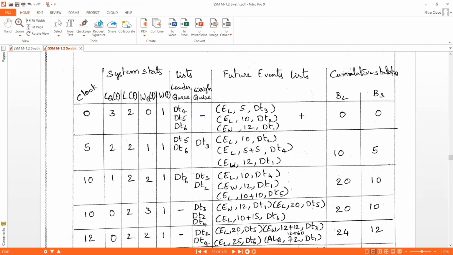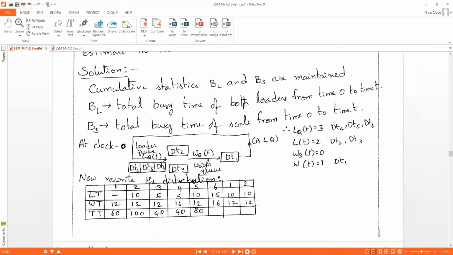And the future event list, how do we write it? The next future events which are going to occur are the ending of loading for DT2 and the ending of loading for DT3, as DT2 and DT3 are getting loaded by the loaders.